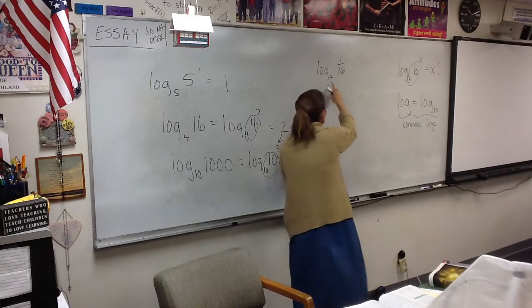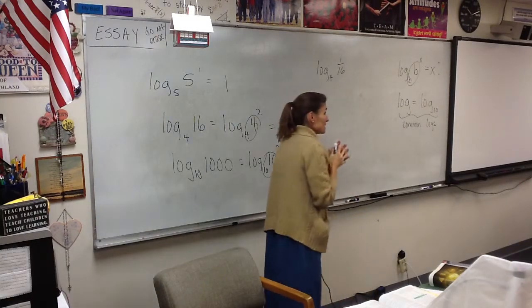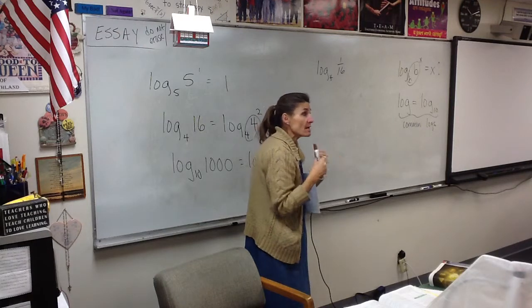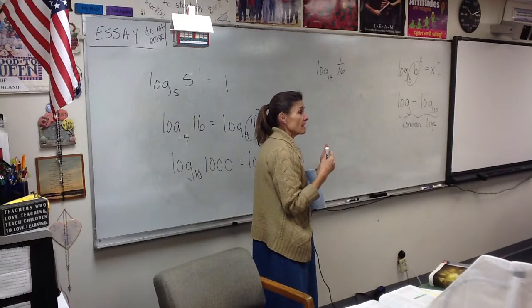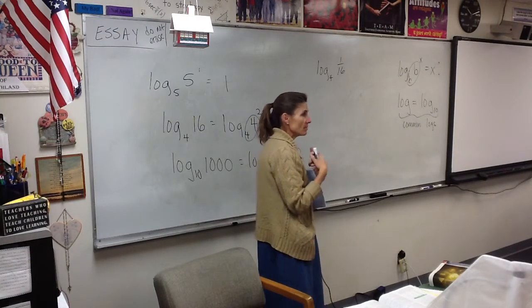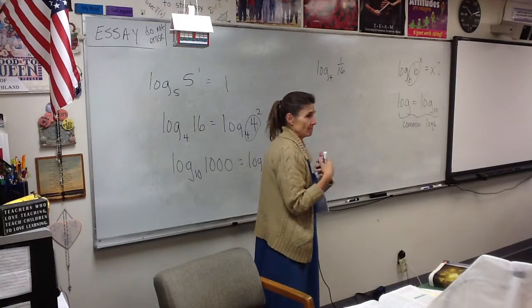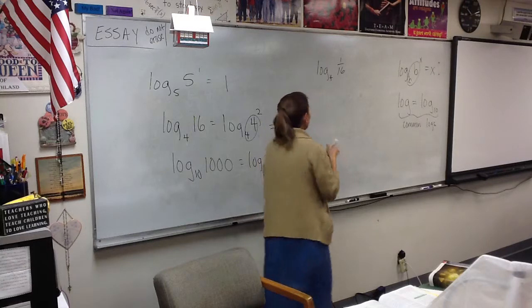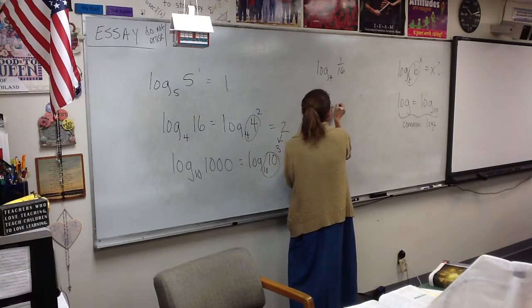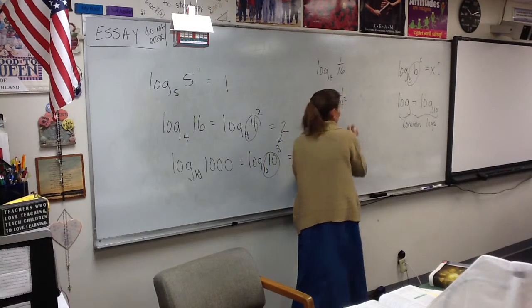So I've got a 4 and I've got a 1/16. Now, is there at least some hope of getting the same number? Because what do I know about 16? It's 4 squared. So this is the log base 4 of 1 over 4 squared.